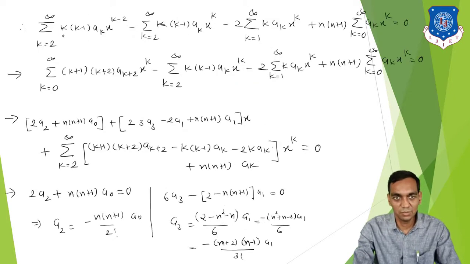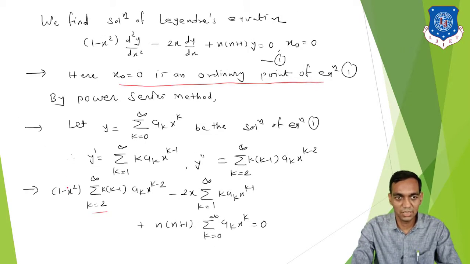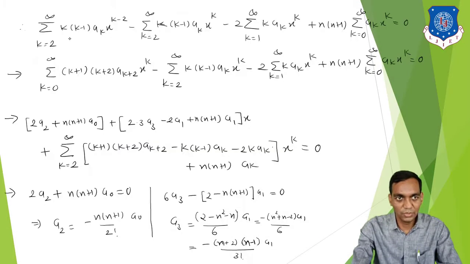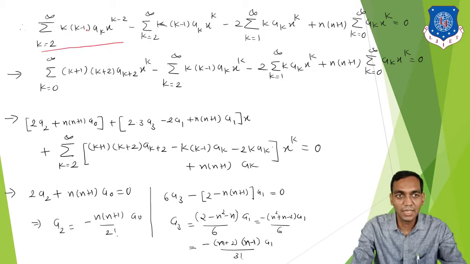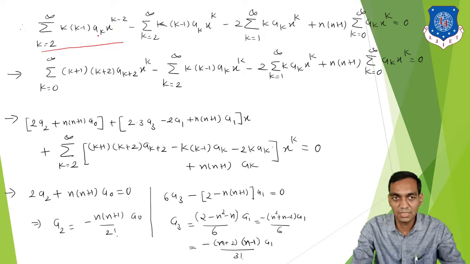Now separate the terms: 1 into this, minus x squared into this. So we have sigma k running from 2 to infinity k(k minus 1) ak x raised to k minus 2, because 1 into the term remains as it is. Then x squared multiplied gives minus sigma k running from 2 to infinity k(k minus 1) ak x raised to k.